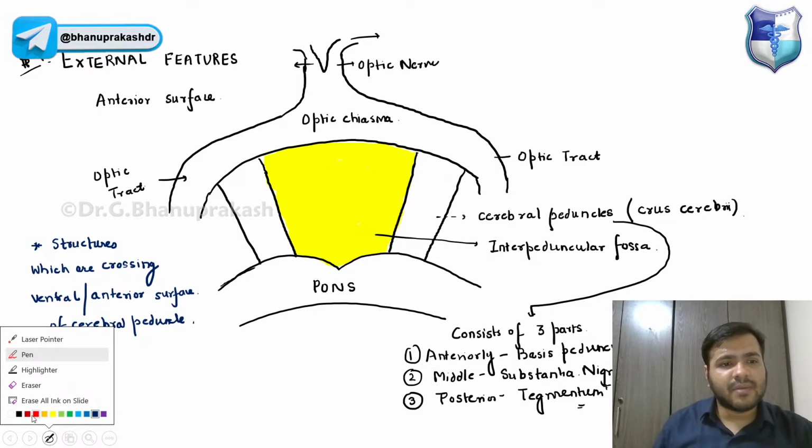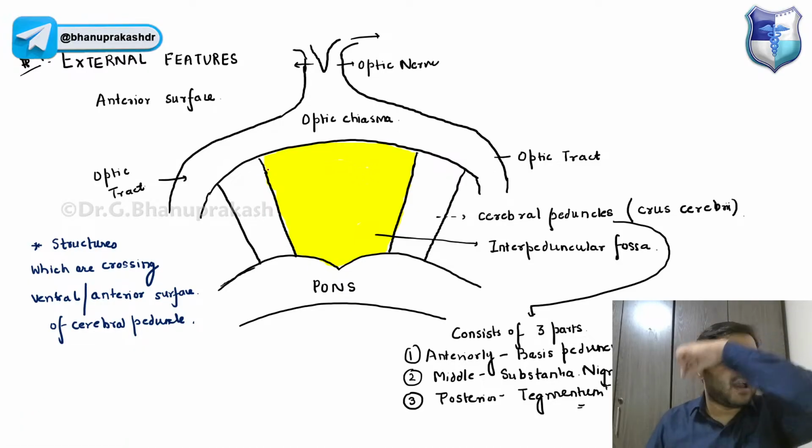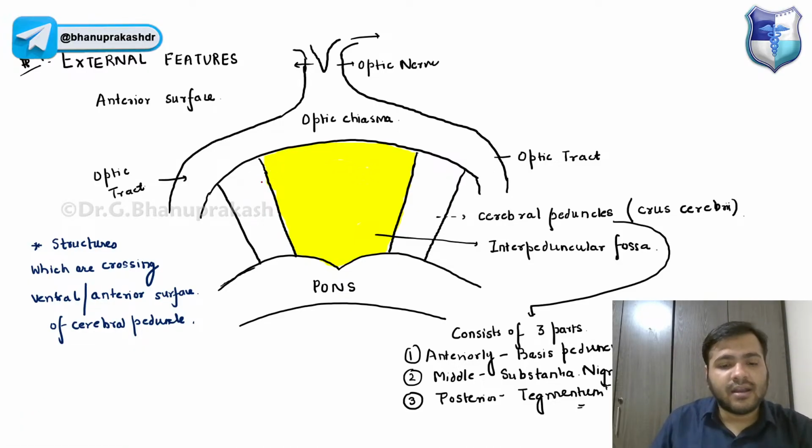The very first one, remember, we have the optic tract, guys, right? So you can very well see over here we have this optic tract. Obviously in front, if I just try to draw it like this, you can see this optic tract which is coming. The very first structure is the optic tract. Now we have another structure over here that is called the basal veins, right? We have these basal veins.